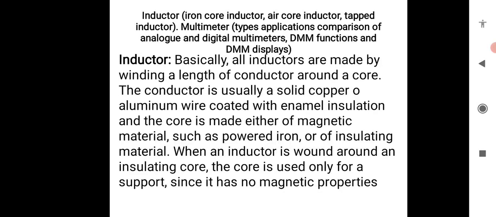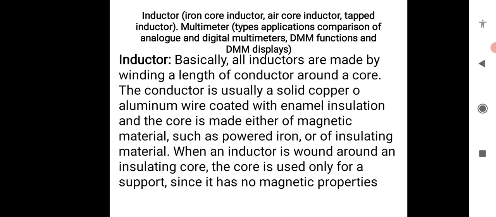See, basically inductors are made by winding a length of conductor around a core. The conductor is usually a solid copper or aluminum wire coated with enamel insulation, and the core is made either of magnetic material such as iron or insulating material.